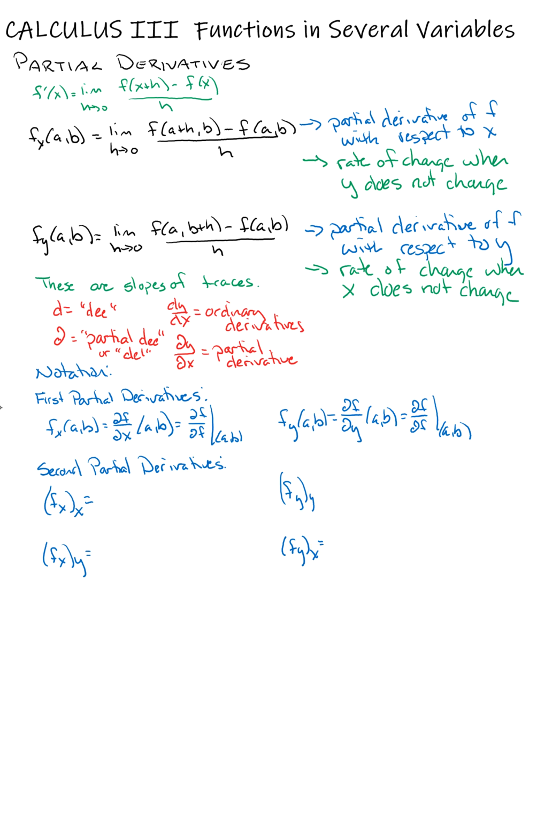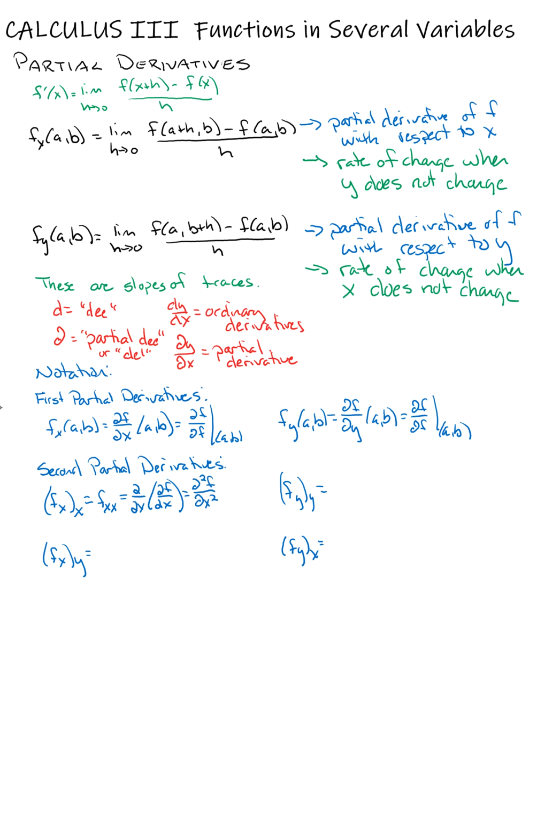One way of writing it is, instead of putting those parentheses, is just to keep those in order. The first partial with respect to x, the second partial also with respect to x. And so that is the derivative with respect to x of the derivative of f with respect to x. So we could write that as the second derivative of f with respect to x both times.